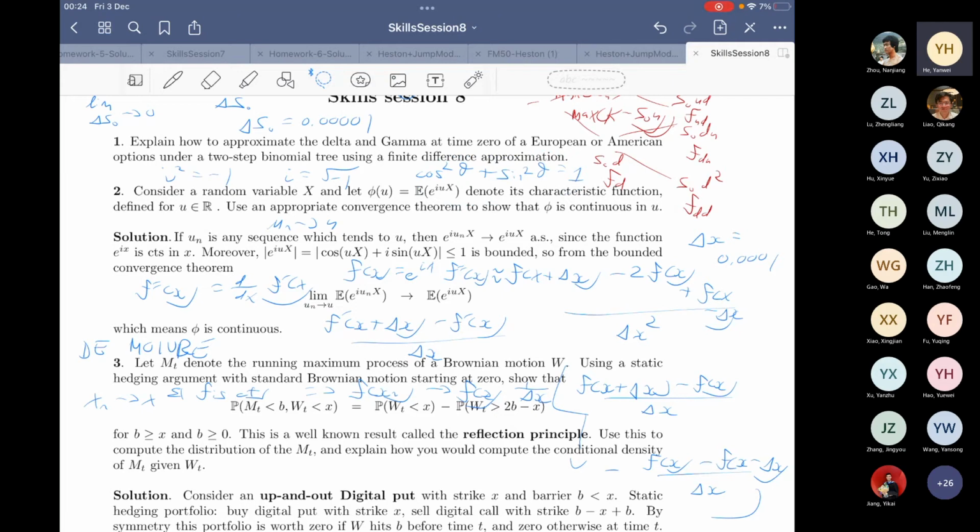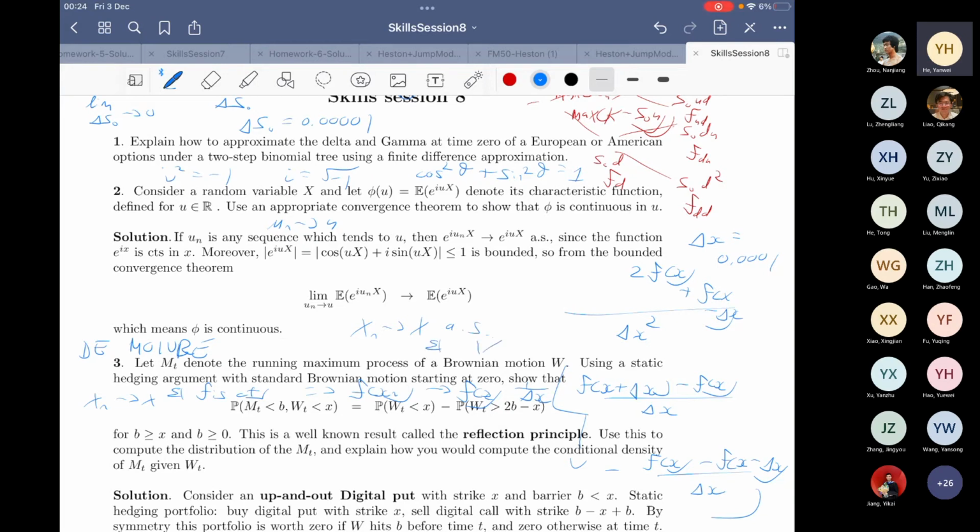So therefore, we can use the bounded convergence theorem. Let me clear some space. If you remember, the bounded convergence theorem says, if X_n is a sequence that tends to X almost surely, and X_n is bounded, so we know |X_n| is less than or equal to some constant c, then the expectation of X_n tends to the expectation of X. You could also use the dominated convergence theorem, which is actually a stronger result, which does not require the boundedness.